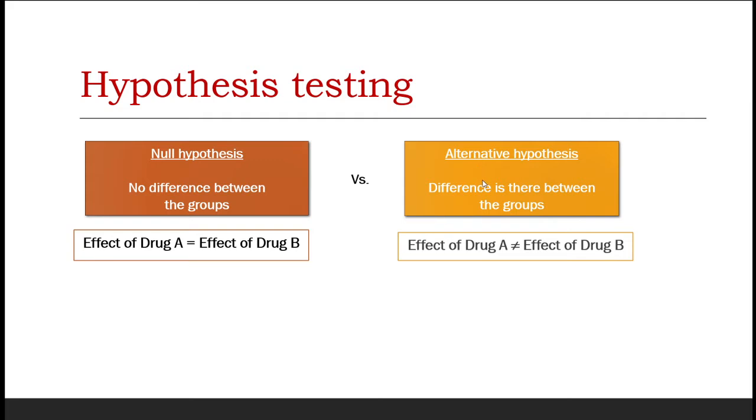And in alternative hypothesis we attempt to prove that there is a difference. And if we are not able to reject the null hypothesis, if we are not able to prove it, then we need to reject the alternative hypothesis, which would mean that effect of drug A is equal to the effect of drug B. So hope it is clear now.